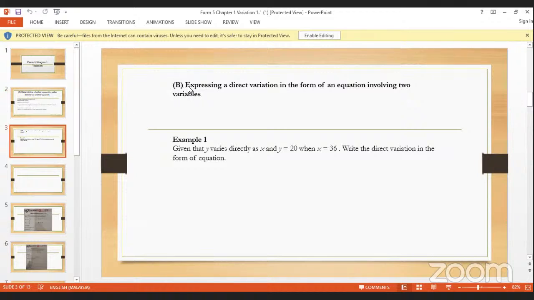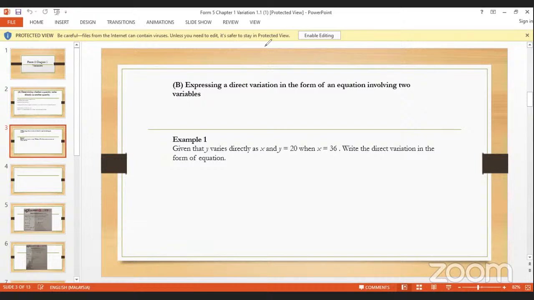B. Expressing a direct variation in the form of an equation involving two variables. We'll move on to the first example question. Given that y varies directly as x and y equals 20 when x equals 36, write a direct variation in the form of an equation.